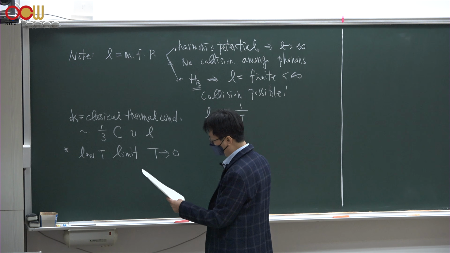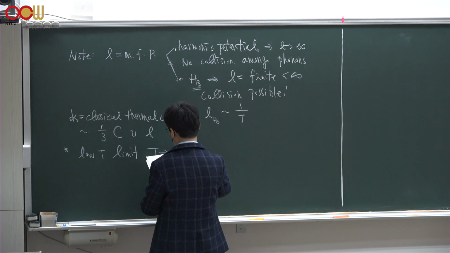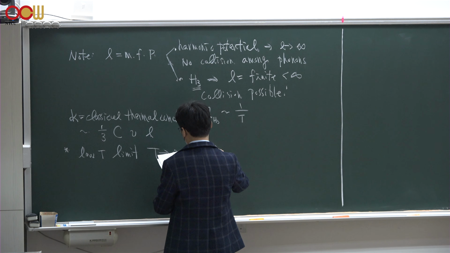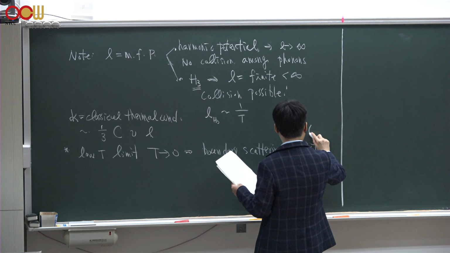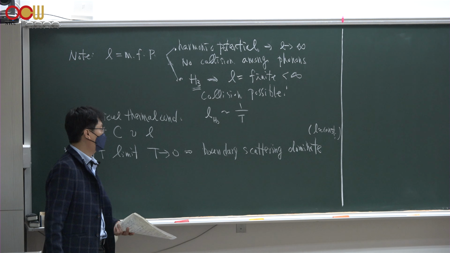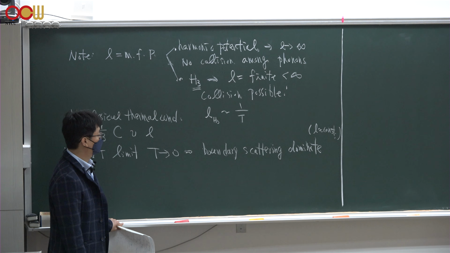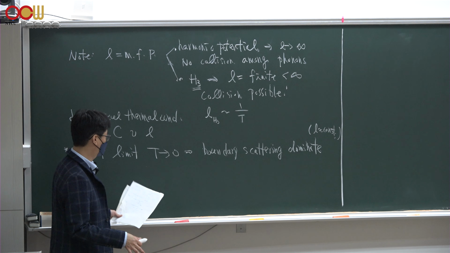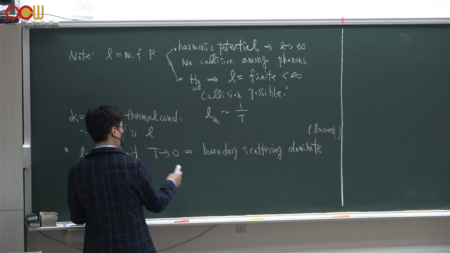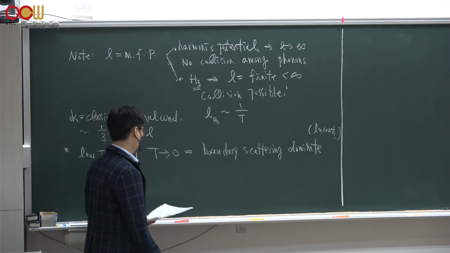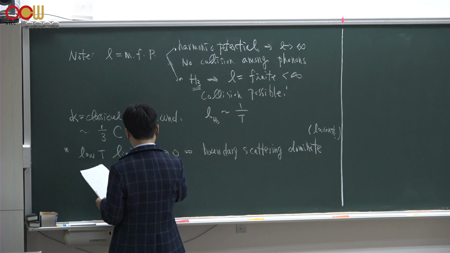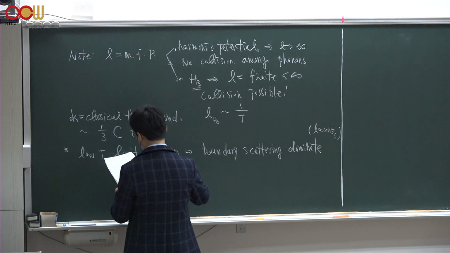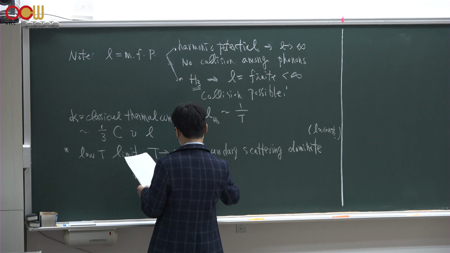In the low temperature limit, we will discuss later that the scattering is actually very, very rare. There is only some scattering at the boundaries, meaning that the mean free path is, roughly speaking, of the order of your system size, which we will define in just a moment. So this mean free path is almost a constant, and kappa is roughly proportional to capital C times velocity times mean free path.